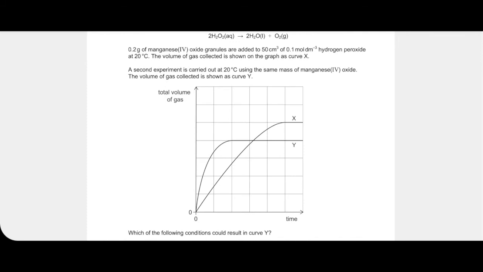So, I want to work out the moles of X, the moles of the hydrogen peroxide in X. So how do we do that? Moles is equal to concentration times volume, where the concentration is moles per decimeter cubed and the volume is in decimeters cubed.